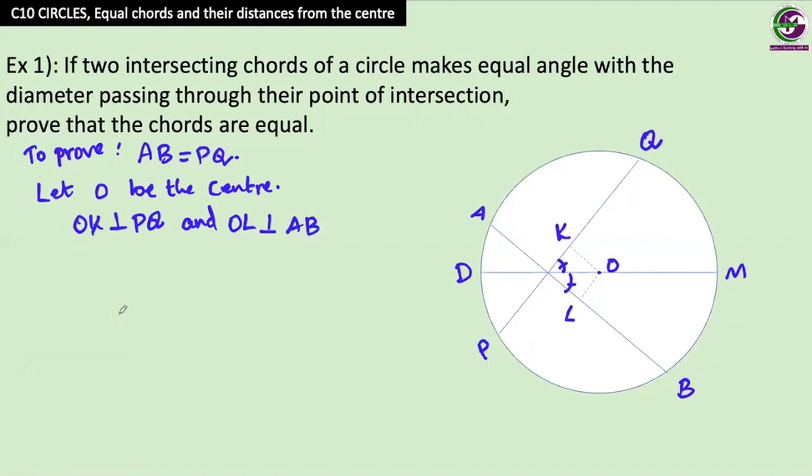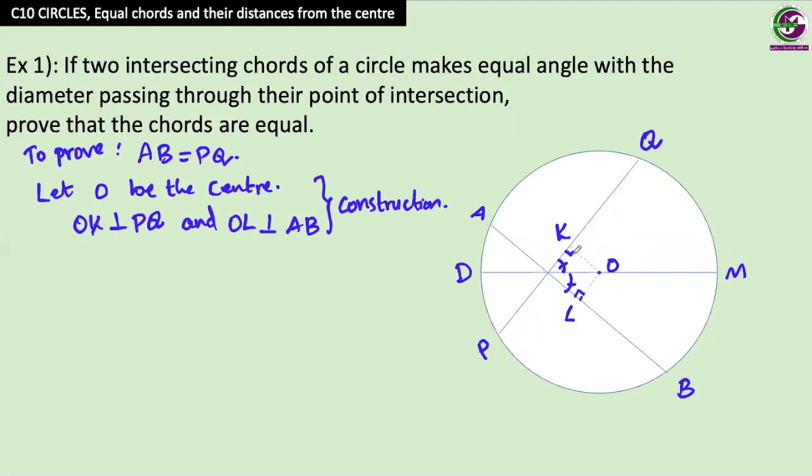These are the constructions. Great. Now our target is to show that the chords are equal. And we have studied the theorem, if the distances from the center are equal, then the chords are equal. So we are going to prove that OK is equal to OL.